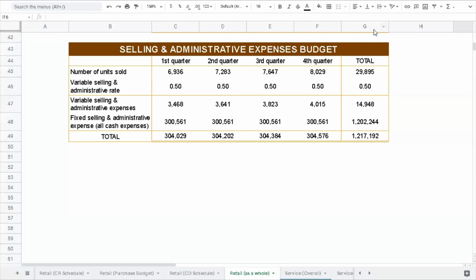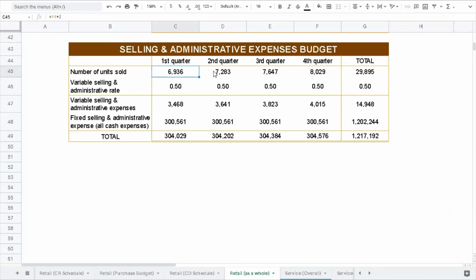Let's proceed to the selling and administrative expenses budget. First is the retail part. In the first row, the first quarter's estimated number of units sold is taken by multiplying the annual estimated number of units sold, considering all of the retail products.